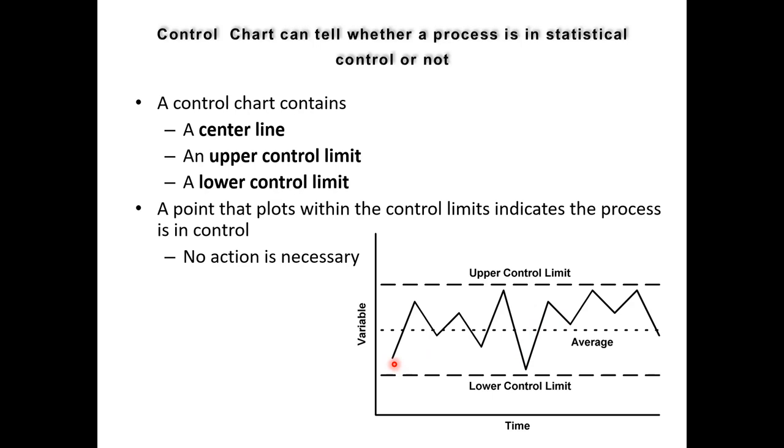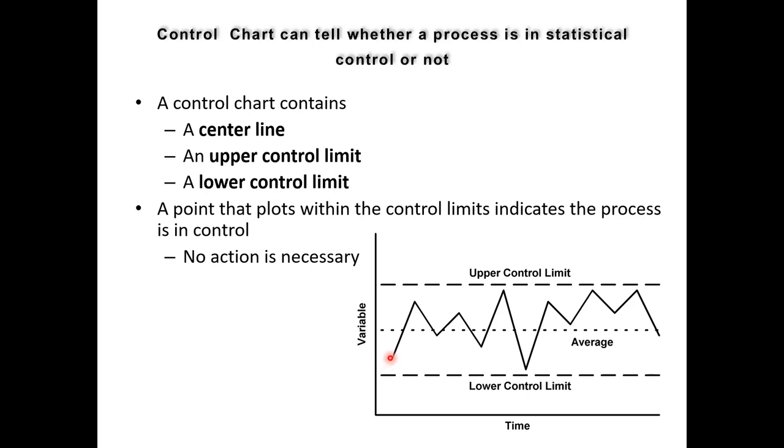But normally in a control chart, you will join all these points. So you'll see these lines on your control chart. Again, in your control chart, you're going to have an upper control limit, a lower control limit, and the average value will be in the middle. A point that plots within the control limits indicates that the process is in control.